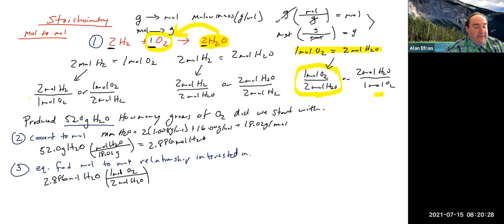That is what's going to allow us to go from one thing in the equation to another. So we're basically just dividing here by 2. And we end up with 1.443 moles of O2. So by doing this, we have now successfully used the equation to go from water, which we're really not interested in, but it was the only piece of information given to us, to O2, which is obviously what we're interested in.